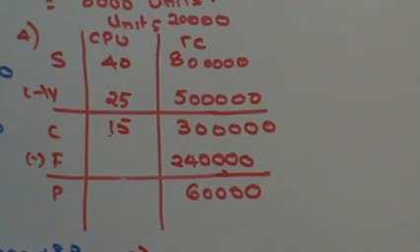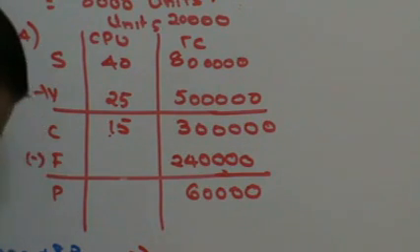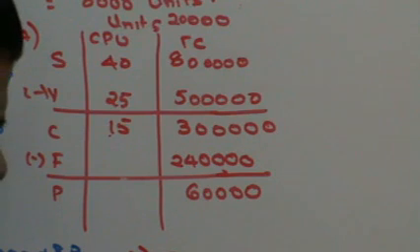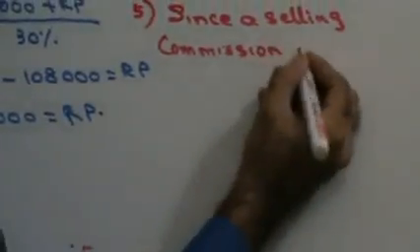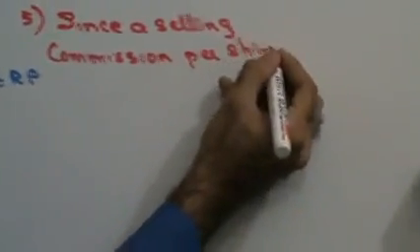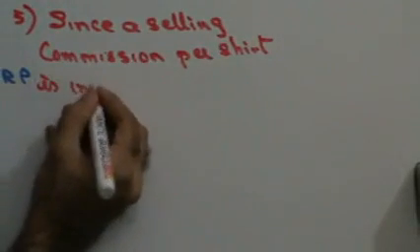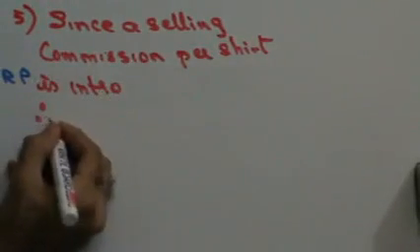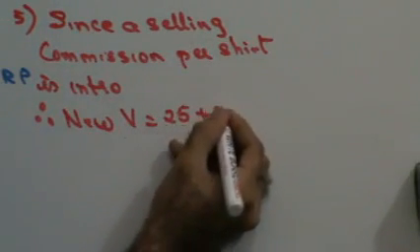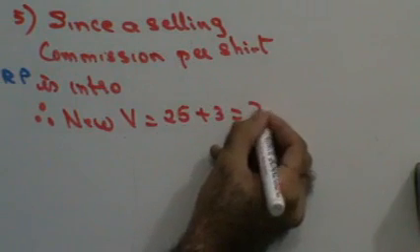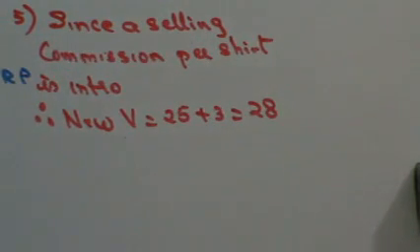Now, I want to make a net income of 15,000. Let's see this. Since a selling commission per shirt is introduced, my new variable cost will be whatever was my variable cost plus the selling commission. So that is 28 rupees.